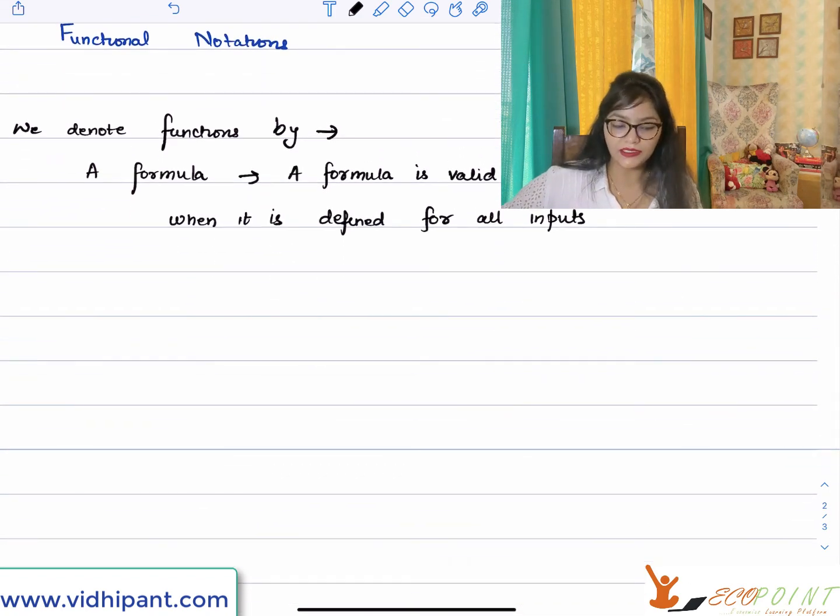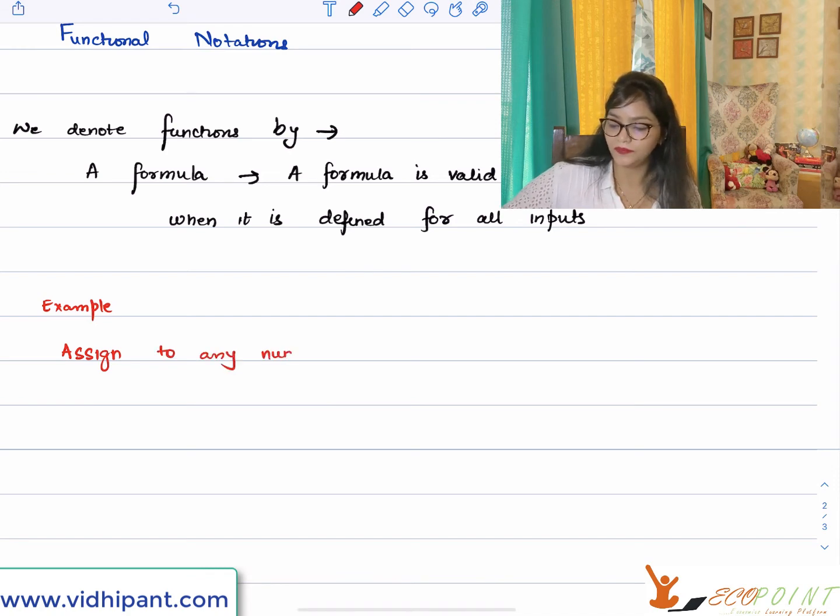So basically it means, let me just give you an example. An example could be having a formula like squaring a number. So suppose we assign to any number the second power, or squaring any number.